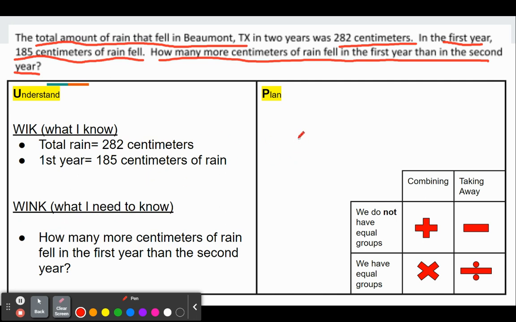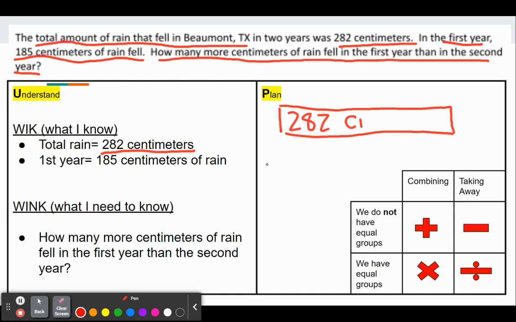First, I'm going to draw a strip diagram. You don't have to use a strip diagram, but I like to use it for problems sometimes. Looking at what I know, I have a total rain of 282 centimeters in my 2 years. So I'm going to draw a box up here, and I put the total rain, 282 centimeters.